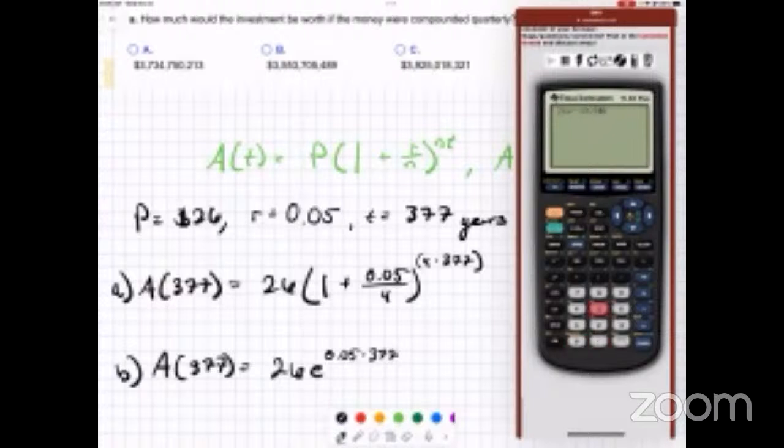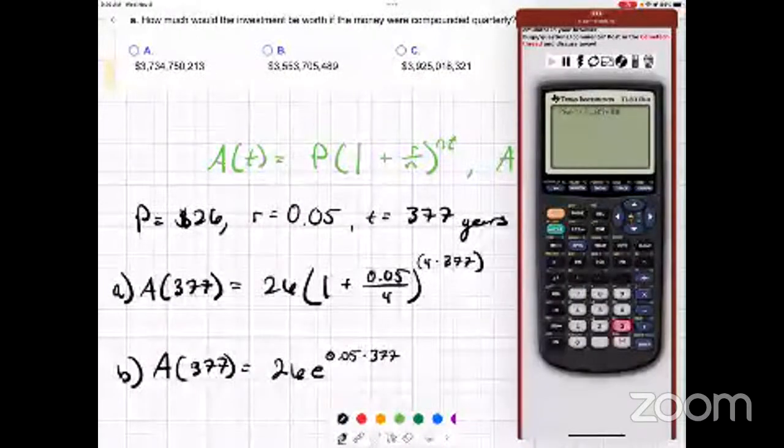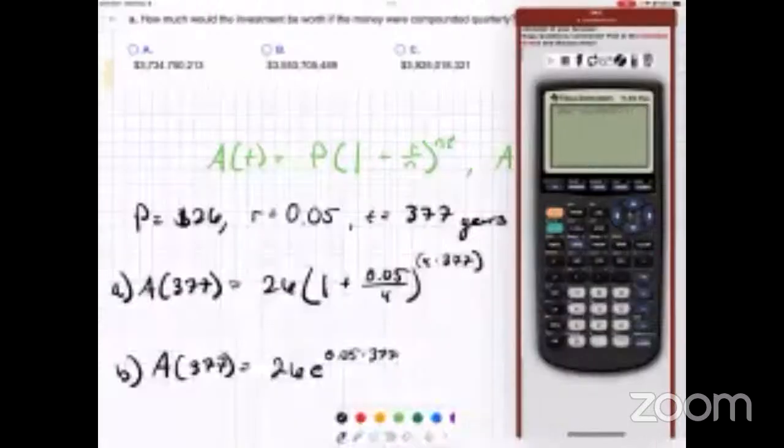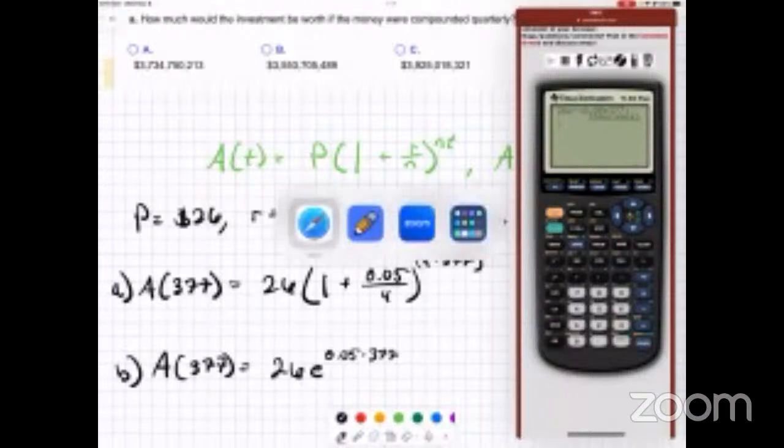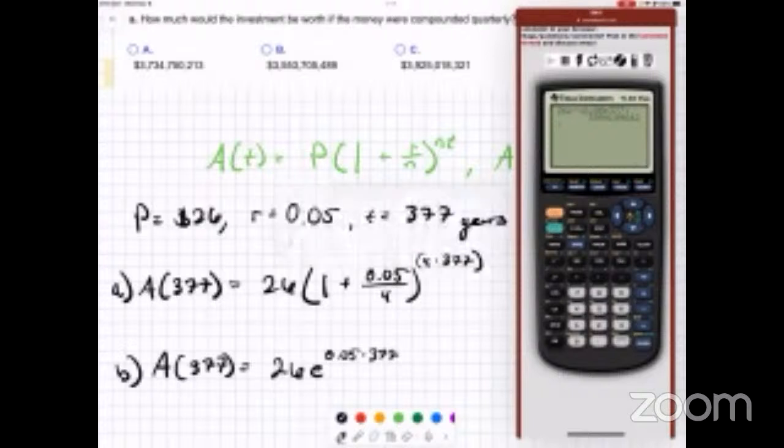Close parentheses. All right, that looks good. 26 times e to the power of 0.05 times 377. We get this 3994 number, $39.94. There we go. $39.94 looks like it's A. Let's go with A.